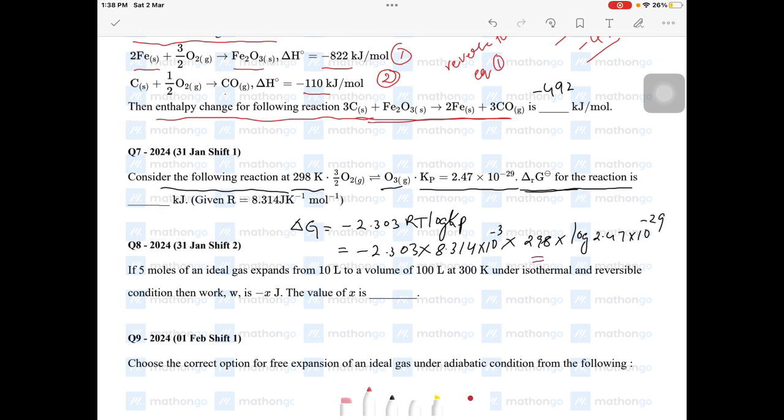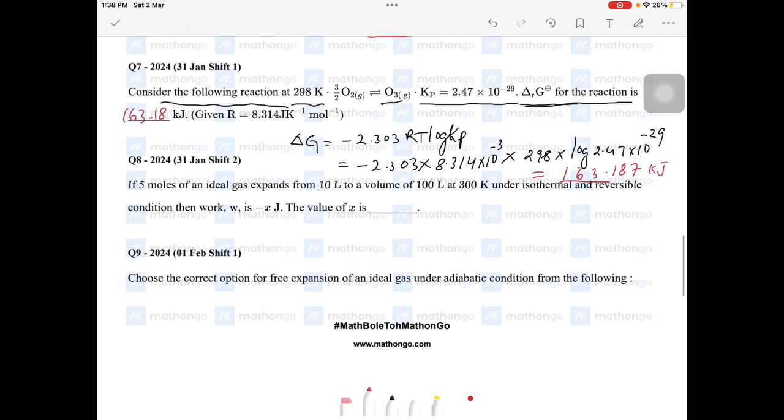Simplify these values, will get minus 163.187 kilojoules. Answer is 163.18 kilojoules.